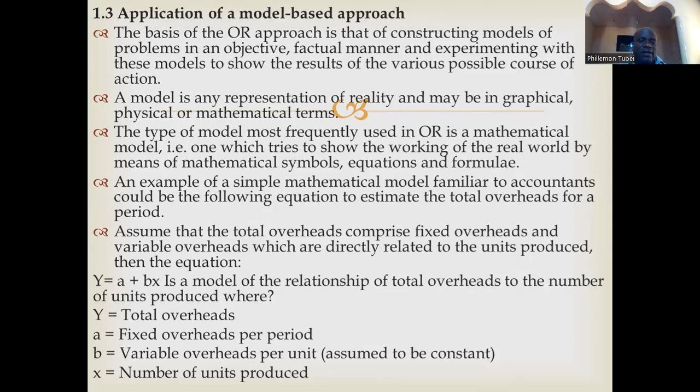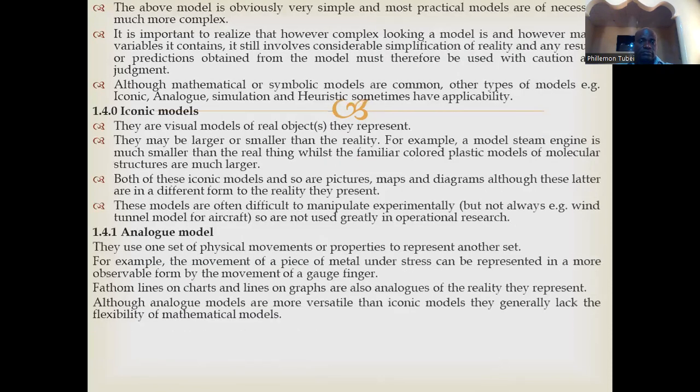In this case, you take a function of y = a + bx. It is a model of the relationship of total overheads to the number of units produced, where y is the total overheads in the factory or in the company, a is fixed overheads per period, b is variable overheads per unit, which is assumed to be constant, and x is the number of units produced per time.